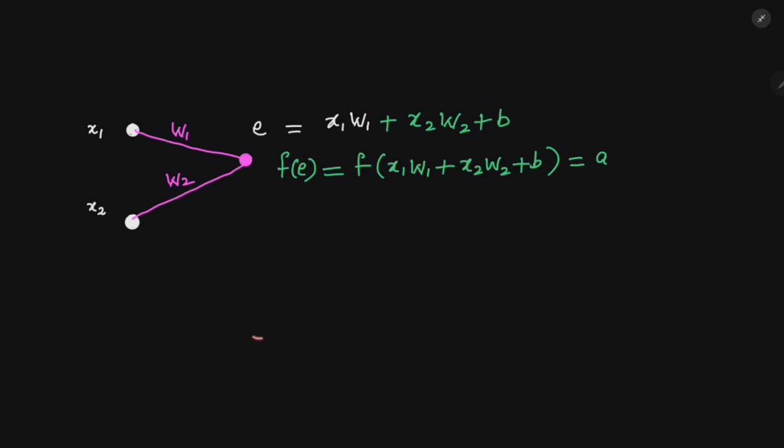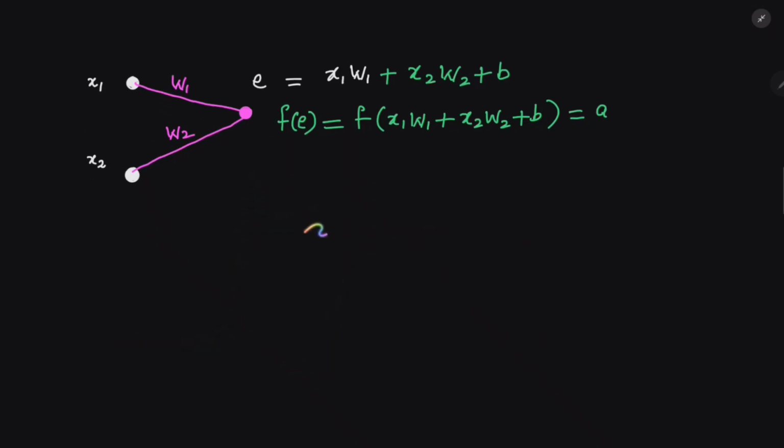For example, if we have this activation function, if b is negative, the activation function will move towards the right like this. If it is positive, it moves towards the negative side. We know that this happens from calculus.